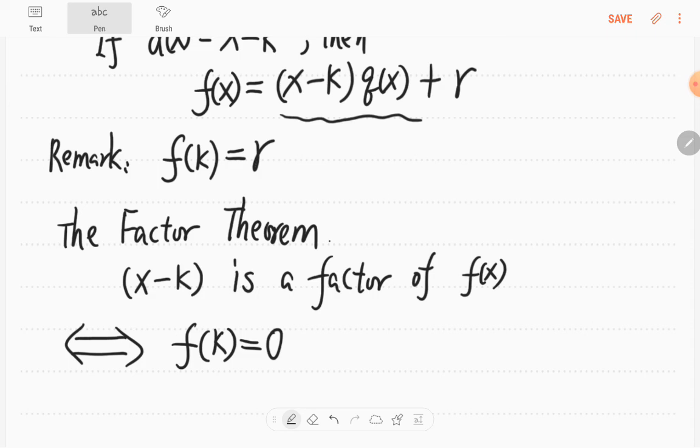So in other words, f of k is the remainder. If the remainder equals 0, then it must be a factor of the original function. So you can factorize it, right?